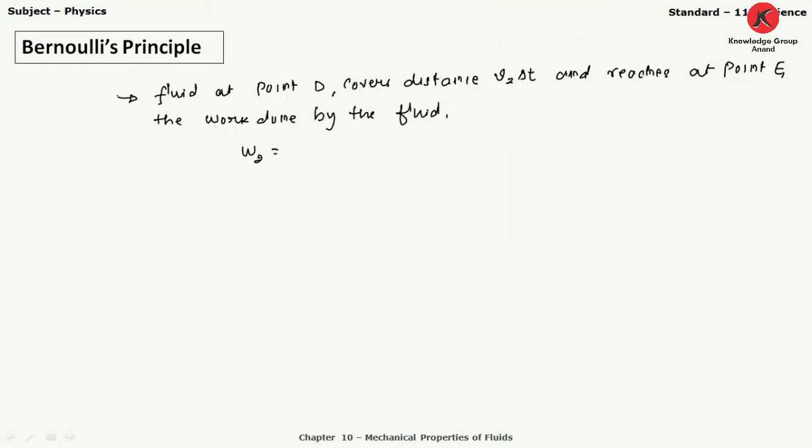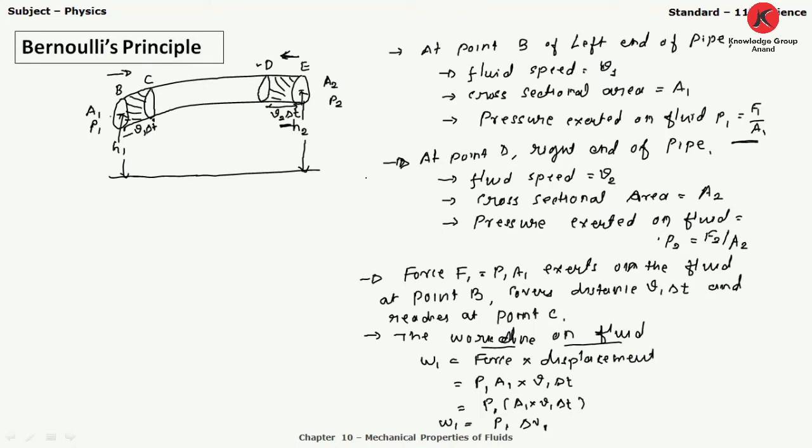So here the value of work done will also be negative. Keep in mind, the work done W2 is minus P2 into A2 into V2 into delta T, which is minus P2 into delta V, change in volume. Clear?